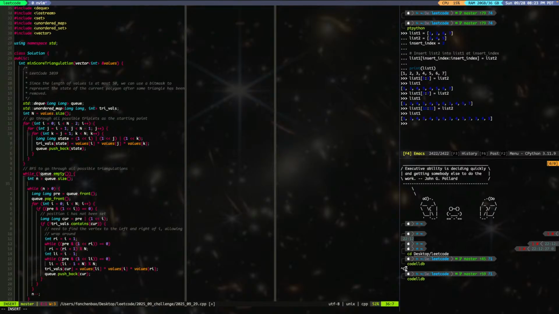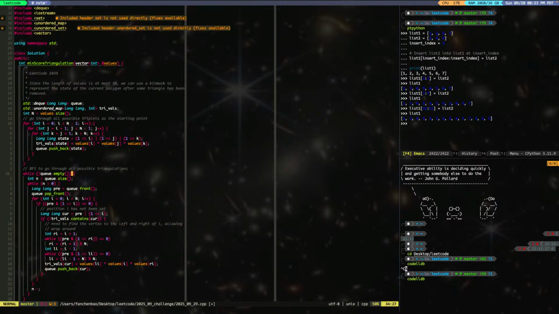Actually, that's not true. We should allow all different combinations, because for the same one you have different ways to form them. So that's actually not true.